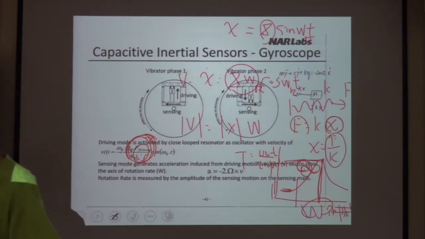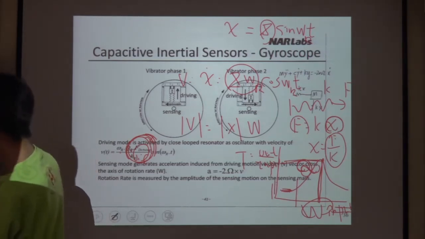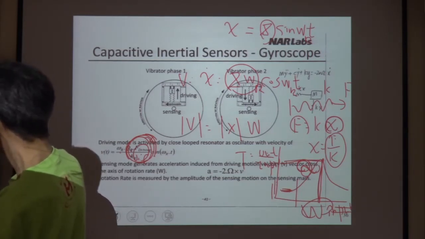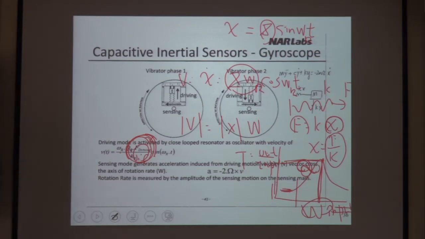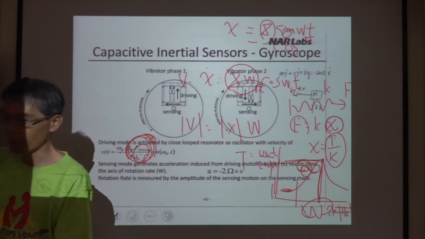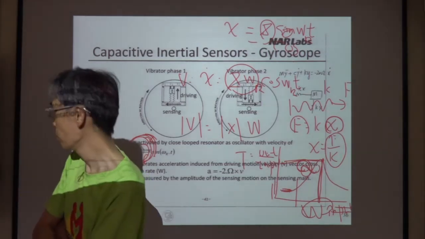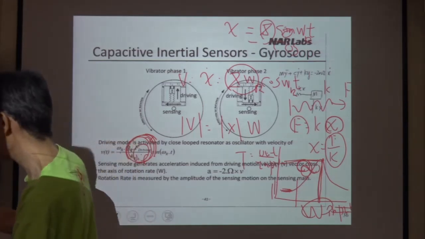Okay, try to write down this formula. This formula is sine omega t, and this formula is cosine omega t. You can change this one to cosine and put a minus sign here. Sine, cosine, they are just sinusoidal vibration.